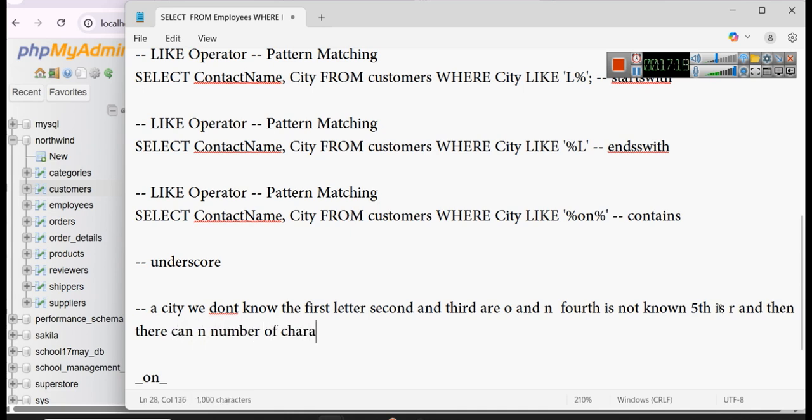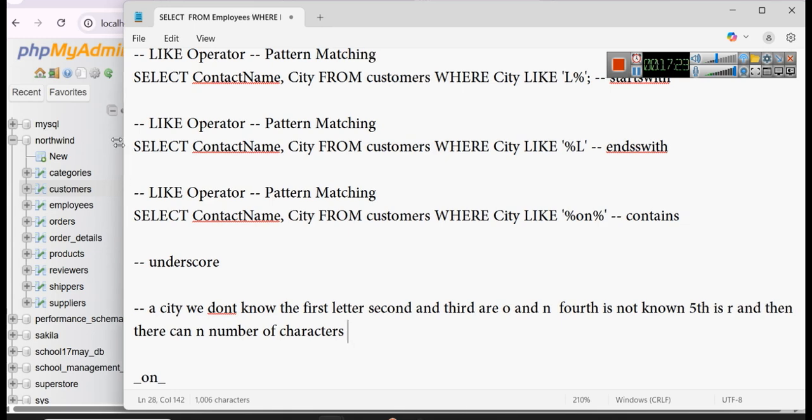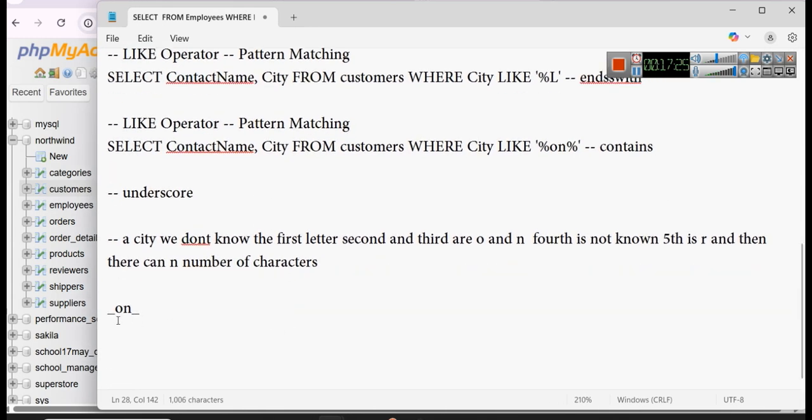First of all, do you understand the question? I want you to read the question and understand. We don't know what is in the first position. We don't know the first letter. Second and third are O and N respectively. Fourth is not known.